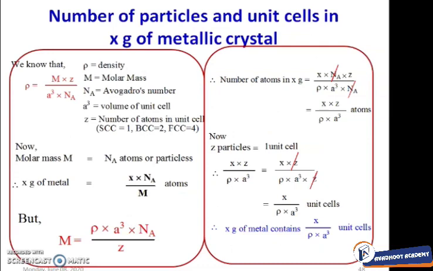Now, how to calculate number of particles and unit cells in a particular quantity, that is x gram of metallic crystal.